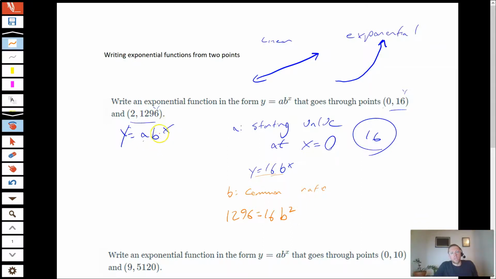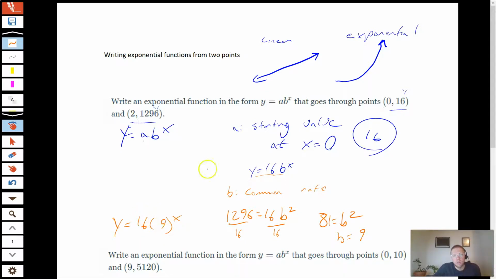I'm using my standard form of exponential functions, and then I just need to solve for b. So I divide both sides by 16, and I get 81 equals b squared. So then b, 9 is my base. My final solution would be y equals 16 times 9 to the x.